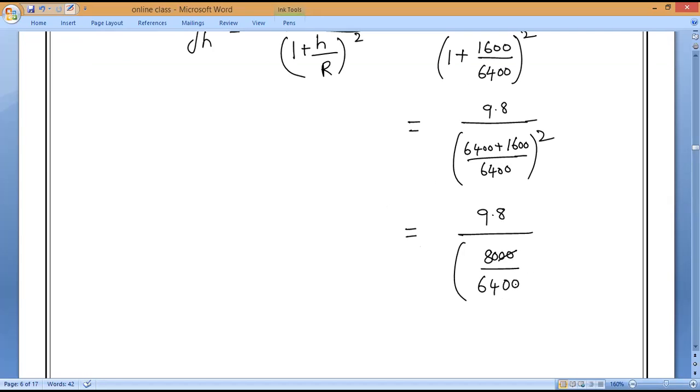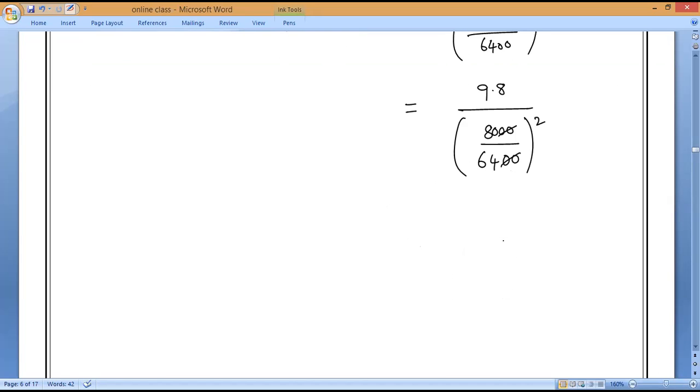I will cancel the zeros. Now 80 divided by 64, anybody can tell me what that is? Next step, 9.8 divided by 80 and 64, both will get cancelled in one table.